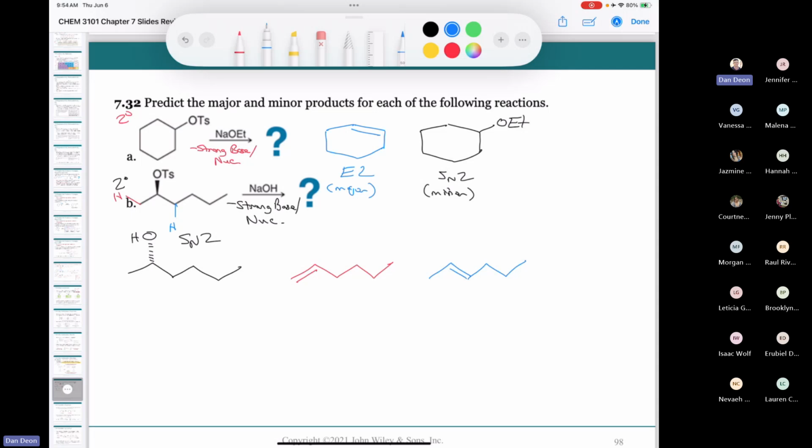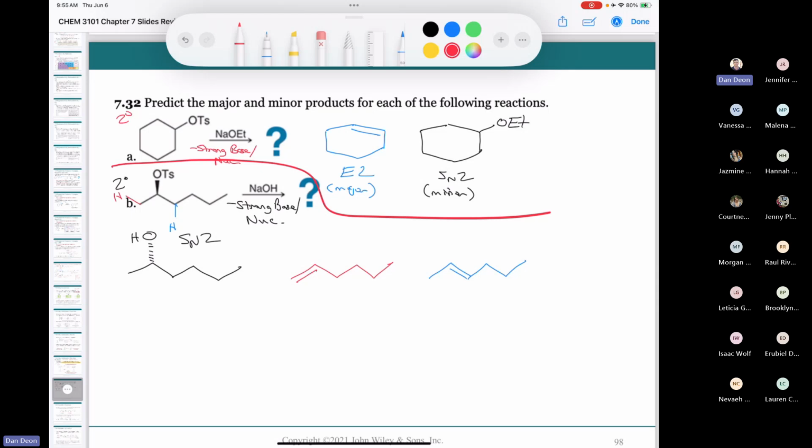I'm missing one compound that I haven't drawn that is a product of this reaction. Does anybody know what product is missing?